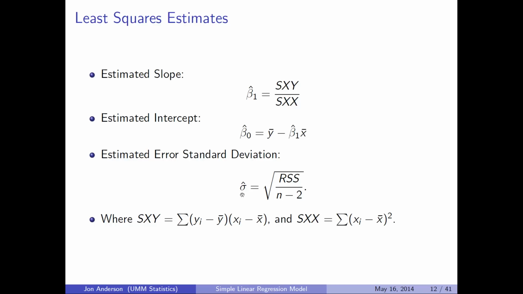The estimate of the variation, so remember sigma represents in the underlying data creation system the variation of the data values around the mean function, or in other words the variation in the e sub i's, the random variables e sub i. Well, we can estimate that variation by using the residuals, and we do that right here inside the square root.